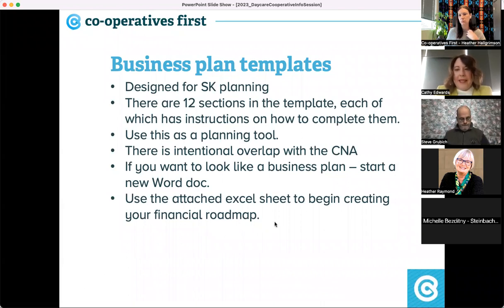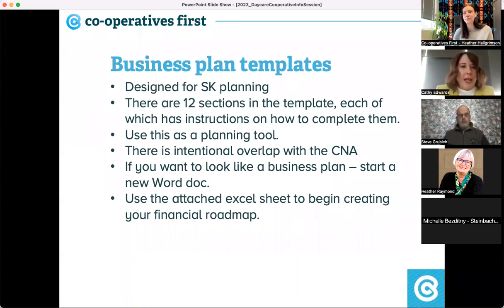Realistically, the business plan is broken into a number of sections. Again, it's designed with the Saskatchewan lens, with the other lenses coming. There are essentially 12 sections, and each section is really like a workbook. You'll see a section, for example the executive summary, with some key points of things you'll want to include, and then a spot where you can fill in the template, just like a workbook.